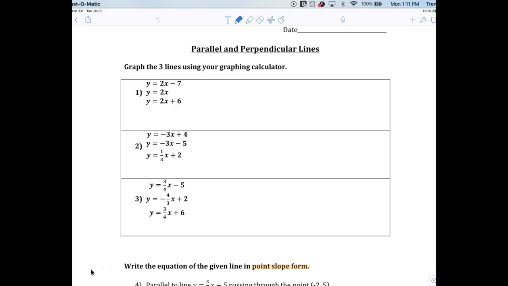So your first note should be parallel lines have equal slopes. Perpendicular lines have slopes that are negative reciprocals. Is everybody good on that? All right. Now, we're going to start the questions. Look at number 3 if you're not sure later tonight and type them in and hit the Zoom square and make sure everything is good. Then you can see lines that are parallel and lines that are perpendicular.